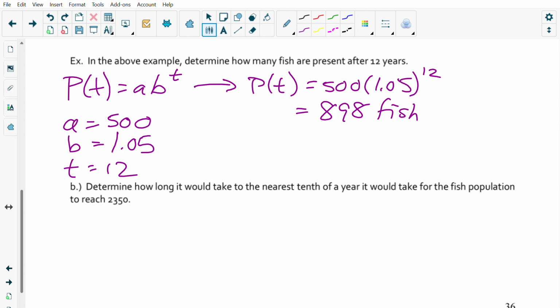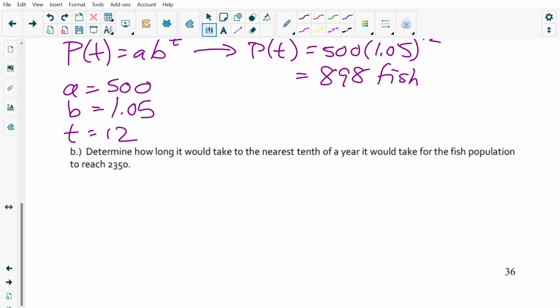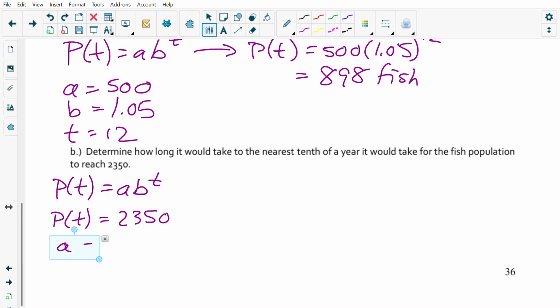B, determine how long it would take, to the nearest tenth of a year, for the fish population to reach 2,350. Okay, different kind of problem. Same exponential growth model. This time, the final amount we're reaching is 2,350 fish. The initial population is 500 fish.